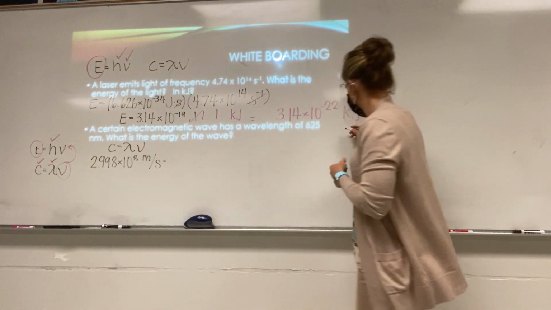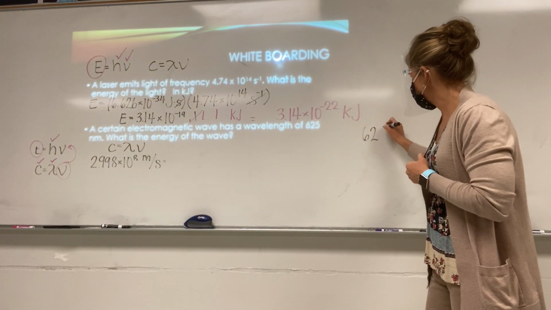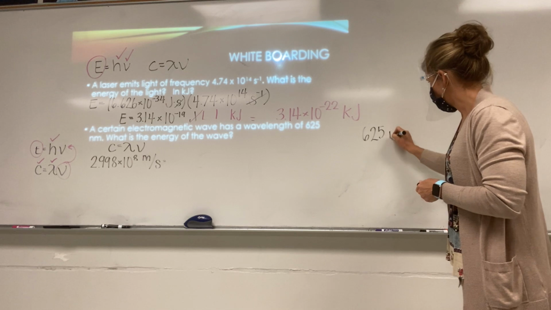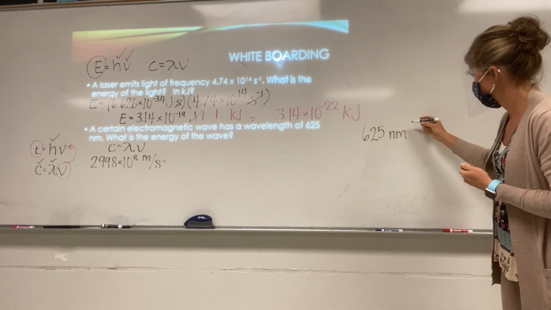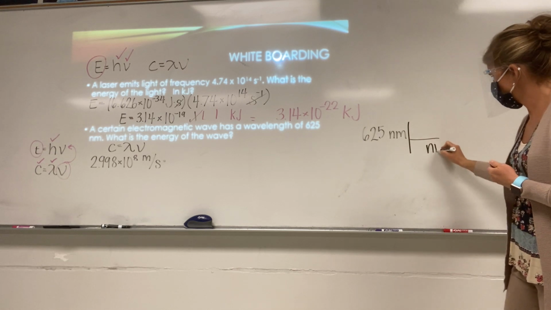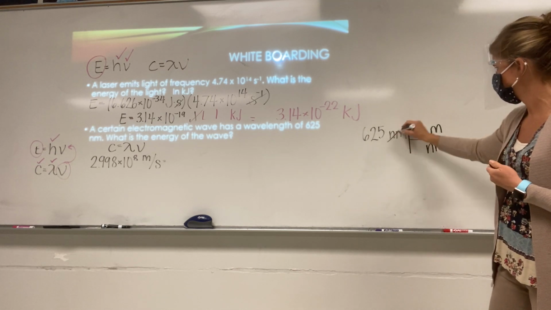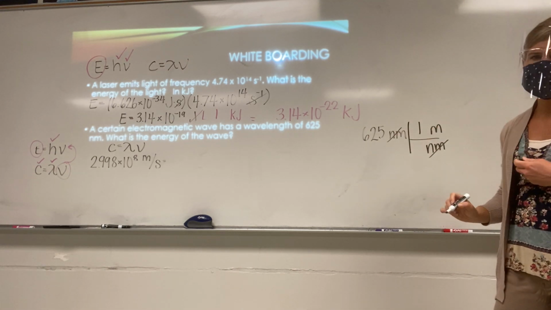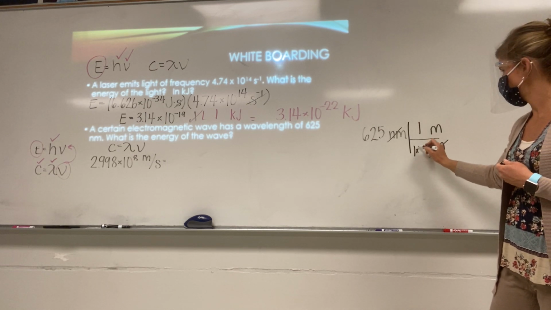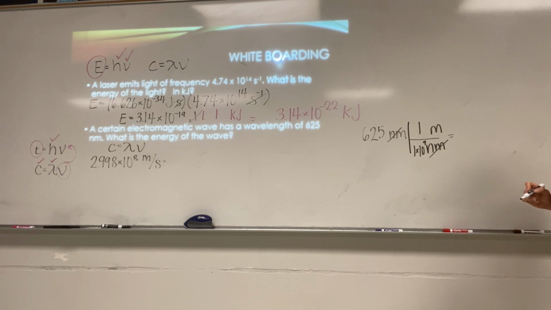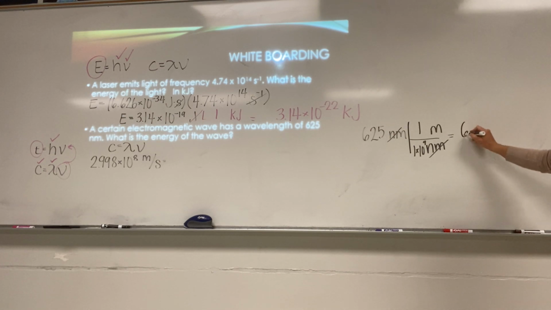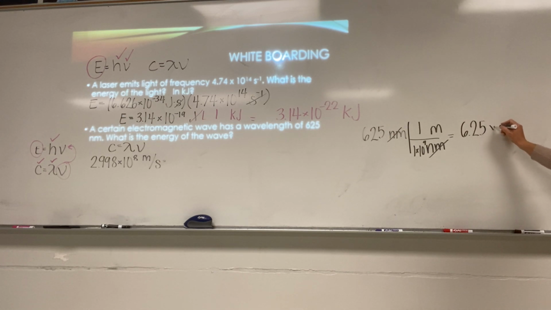It's in nanometers, so come over to the side. 625 nanometers. Nanometers on the bottom, meters on the top. Meters are bigger. 1 times 10 to the 9th nanometers. So when I divide, I should get 6.25 times 10 to the negative 7th meter.